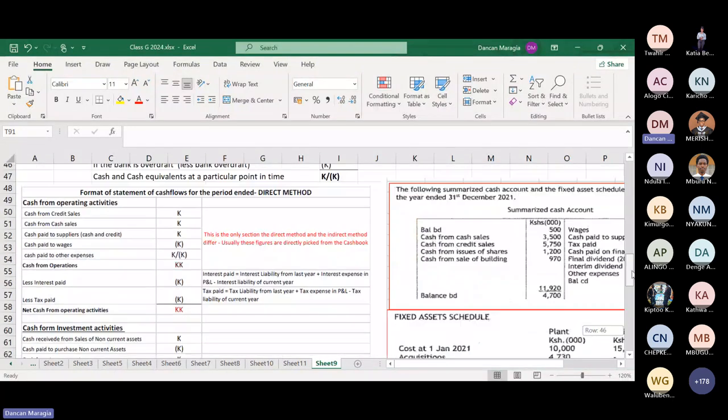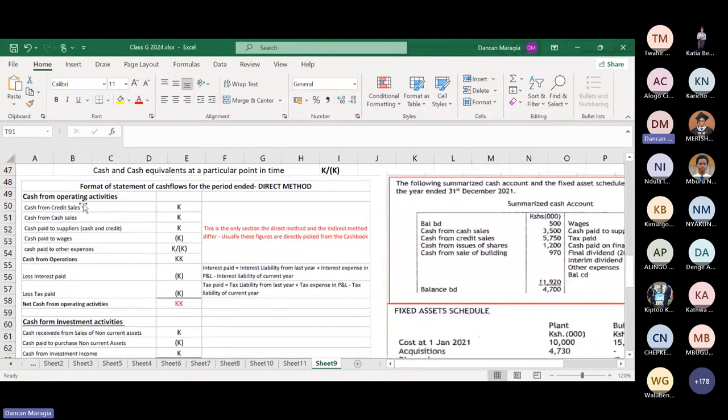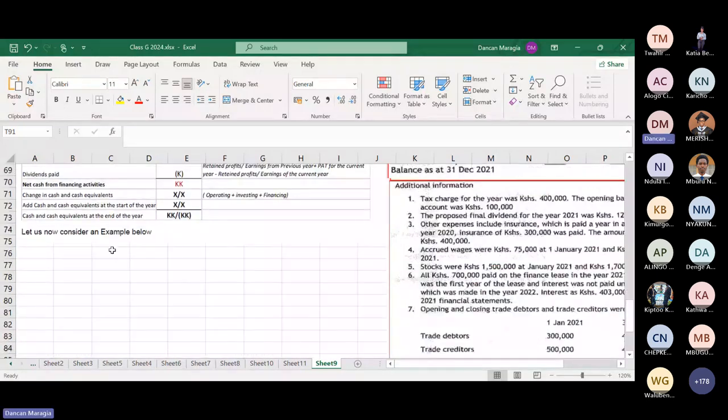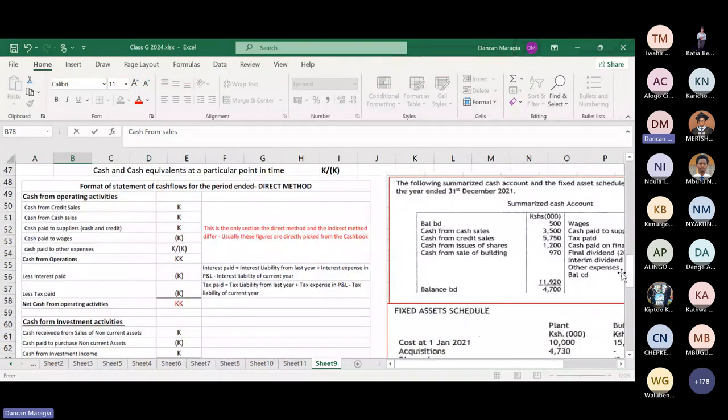So let's start here. Cash from operating activities, cash from sales. Because we have the cash book of what was received in the period, we have cash sales and credit sales.